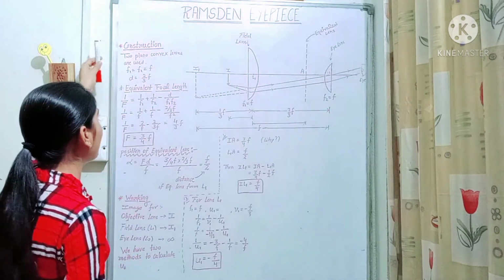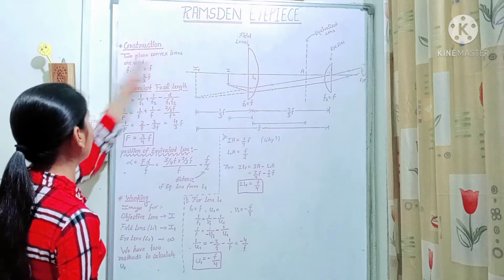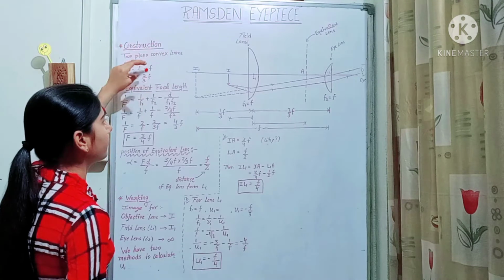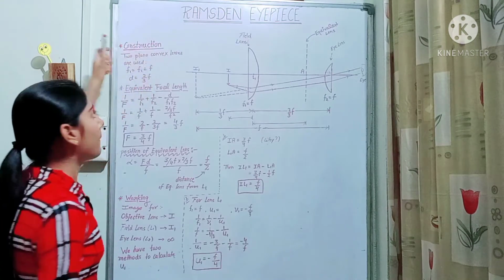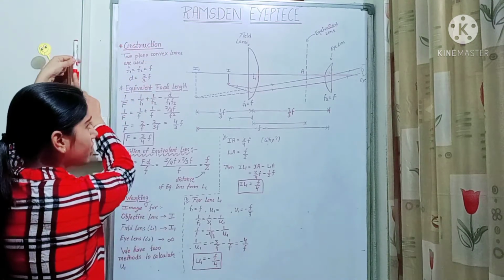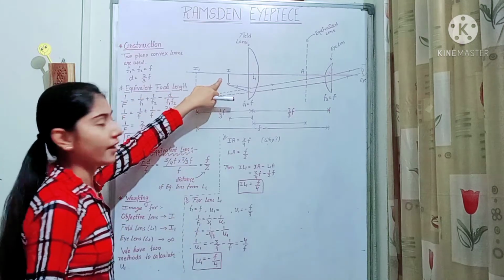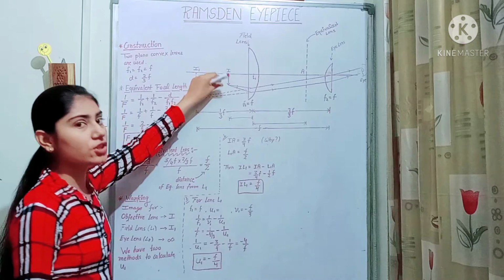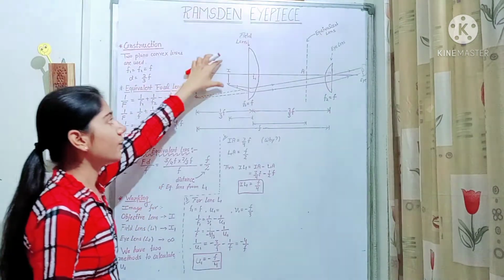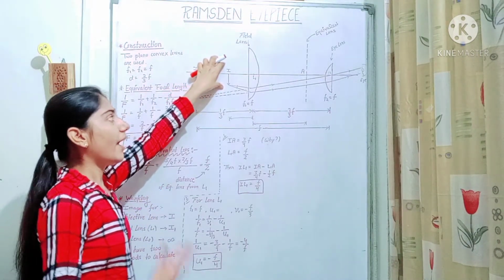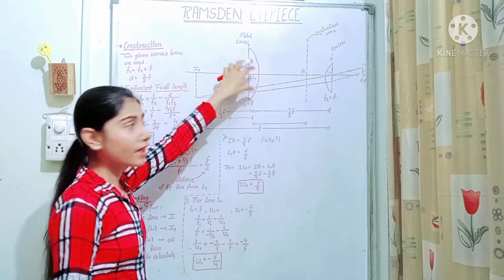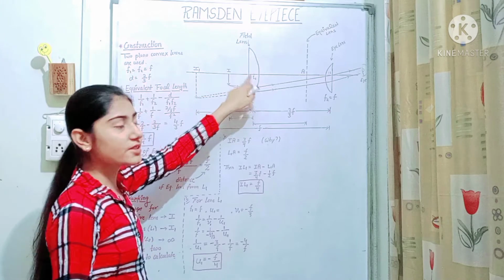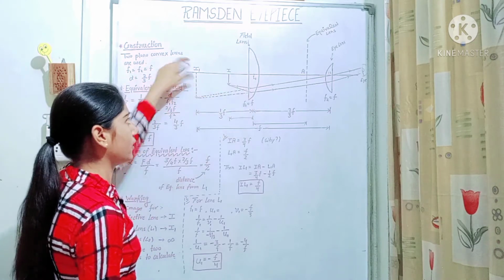The objective lens forms the image of the object at point I. This image is an inverted and real image of the object, and it acts as the object for the field lens. The field lens forms its image at I1.